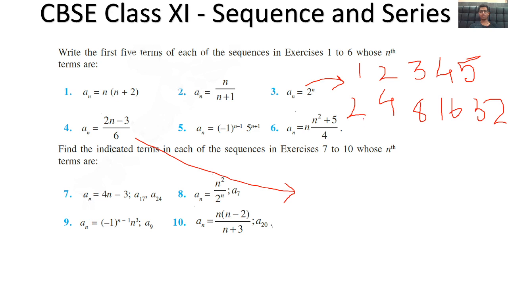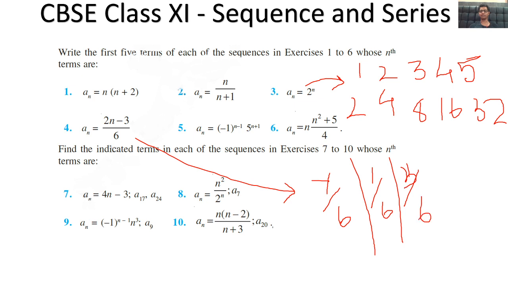Here, when n is equal to 1, we have 2 into 1 is 2 minus 3 is minus 1 by 6. For n is equal to 2, we have 2 into 2 is 4, 4 minus 3 is 1 by 6. For n is equal to 3, we have 3 into 2 is 6, 6 minus 3 is 3, 3 by 6 is 1 by 2, or we can say 3 by 6.